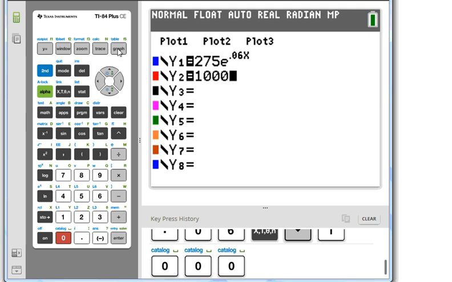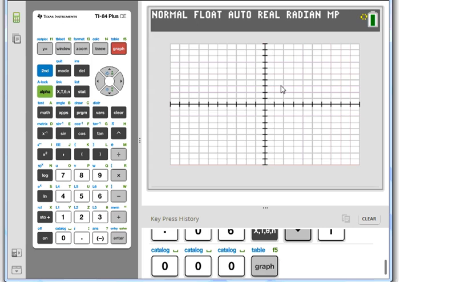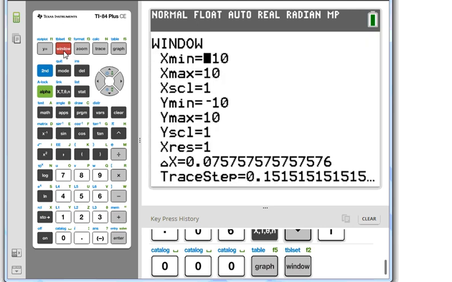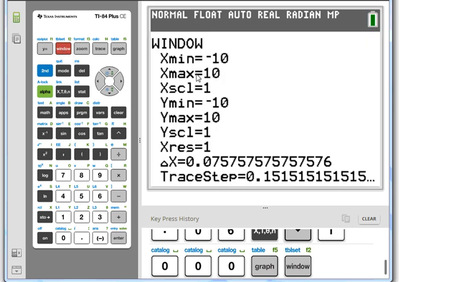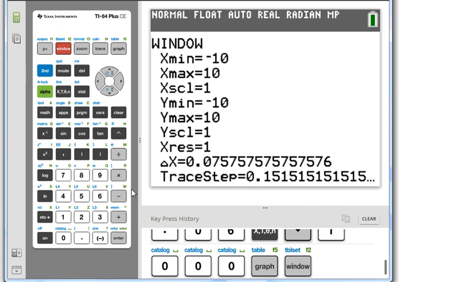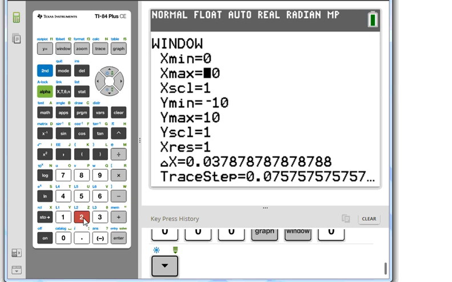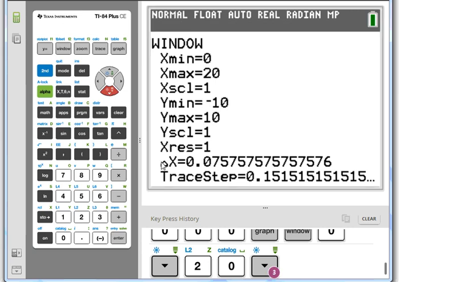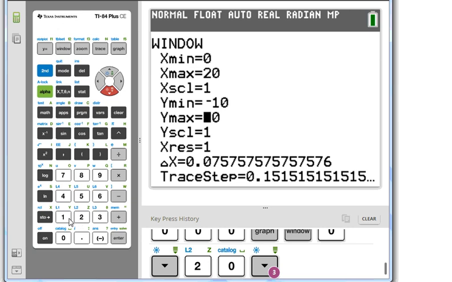And when we graph this, we do not see anything because our window is not right. To get our window right, we'll start x minimum at 0. I don't know how long it's going to take, but I'm going to give it 20 for 20 years. And then y maximum, we know that we're going to have at least 1,000 at the top, so I'm going to put 1,500 here.